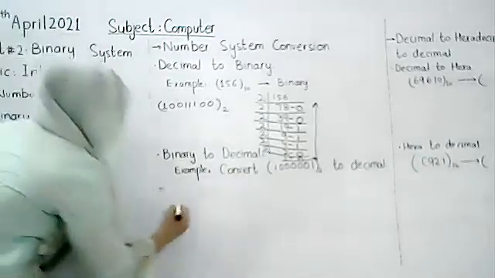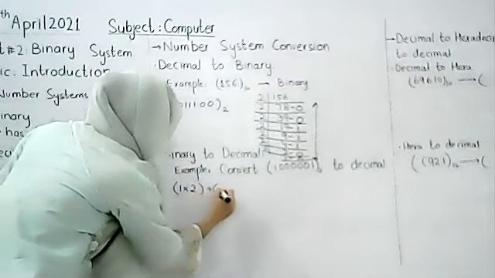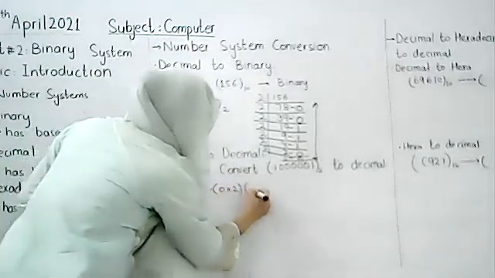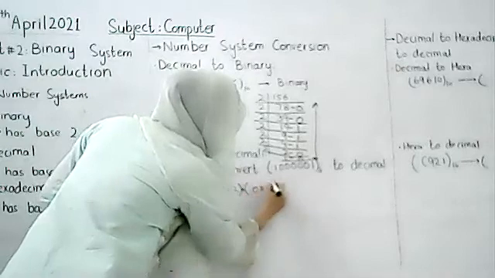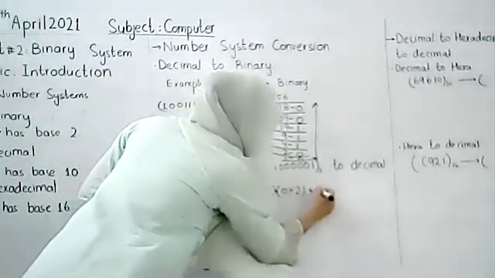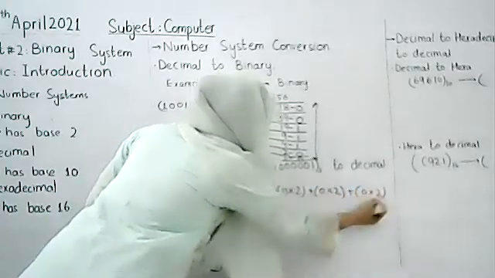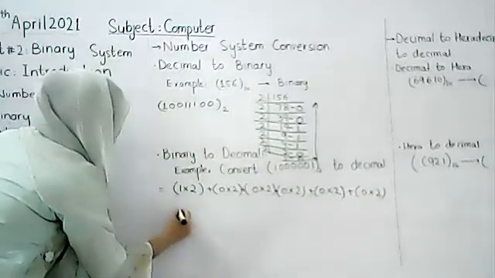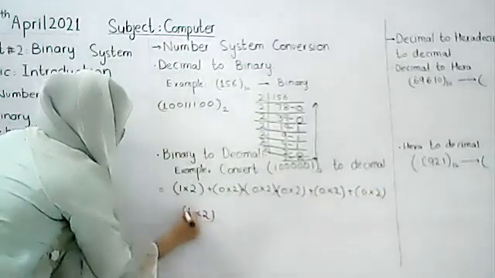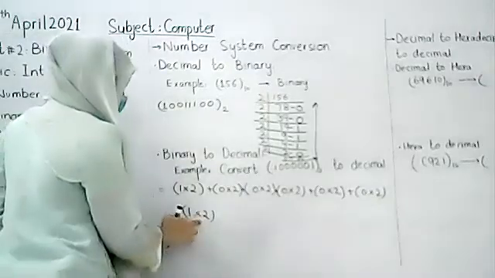In this way, we can multiply all the numbers with 2 and now we have to take a power. See? So we will start from this 2.